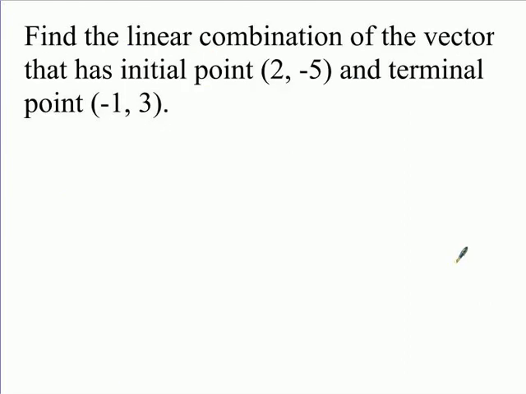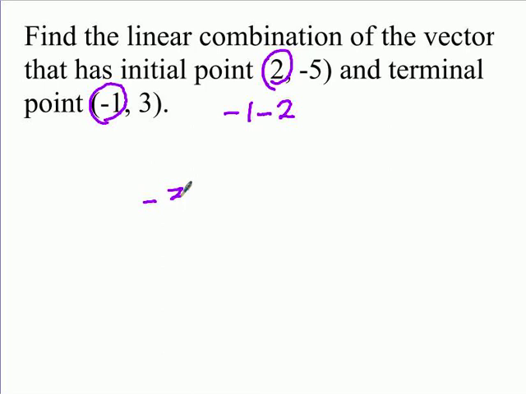So let's go ahead and look at this one. This one says find the linear combination of the vector that has initial point 2, -5 and terminal point -1, 3. So linear combination, remember, means i and j. So we're going to once again do the exact same thing we did before. We go from 2 to -1. So to find the net result, I'm going to take -1 minus 2, which is what?